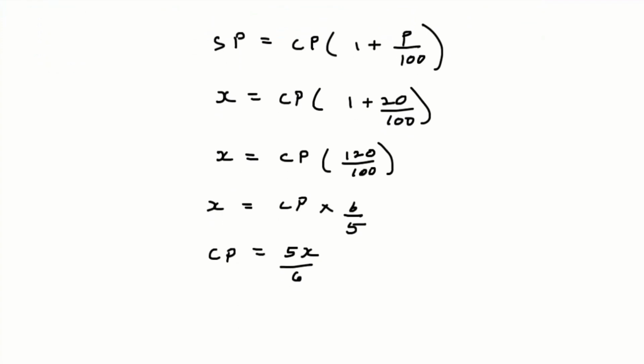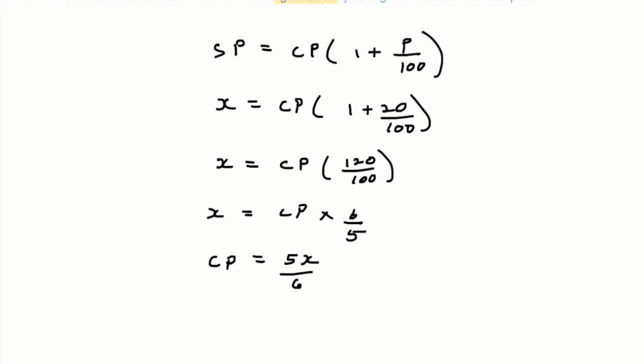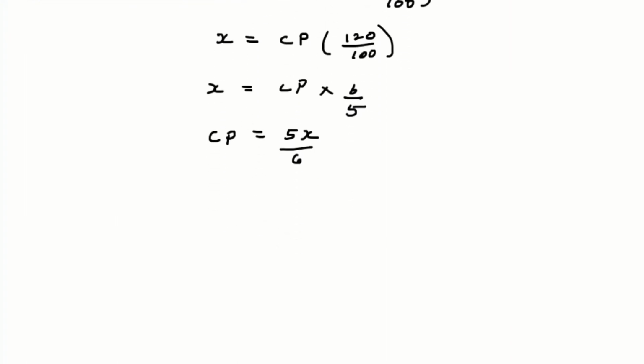So this is what I have arrived at. This is the cost price of the mixture, because it's selling at X rupees. Now quantity of cheaper by quantity of dearer is D minus M by M minus C. Now let us fix what D, M and C are. D, the dearer price, is X rupees.